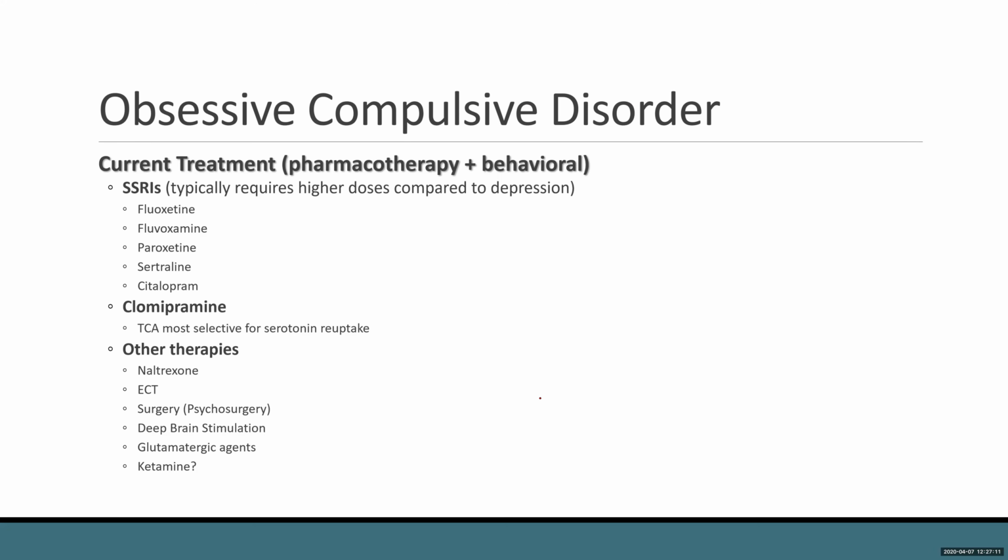And if we're performing these rituals and we're trying to reduce our anxiety, it's like we get a little bit of reinforcement, right? A little bit of relief from doing these sort of compulsive acts. A little bit, right? Until we do them again. But if we can reduce that reinforcing effect when we do the compulsive behaviors, perhaps we won't be performing them as often because we're not getting that relief.